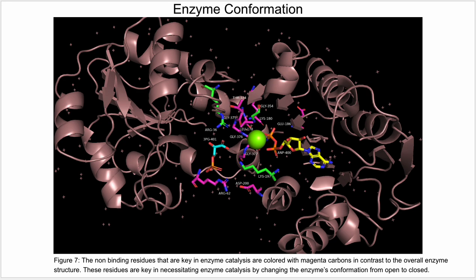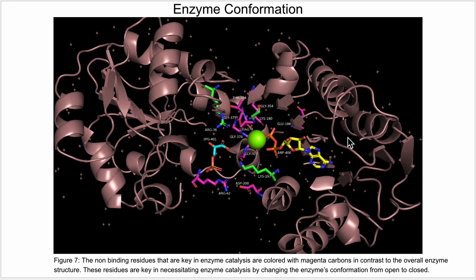The residues involved are glutamic acid 186, lysine 180, leucine 178, threonine 374, glycine 375, glycine 376, glycine 377, arginine 62, arginine 36, and aspartic acid 200. The residues that are involved in this are colored in magenta.